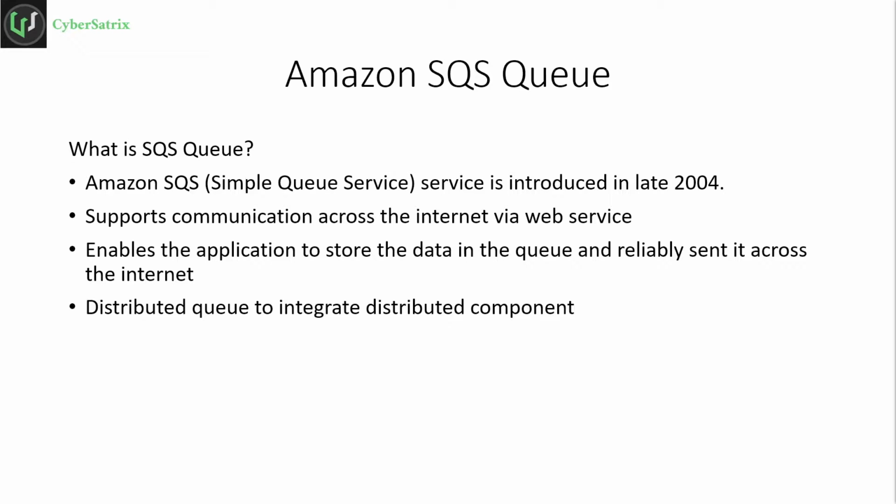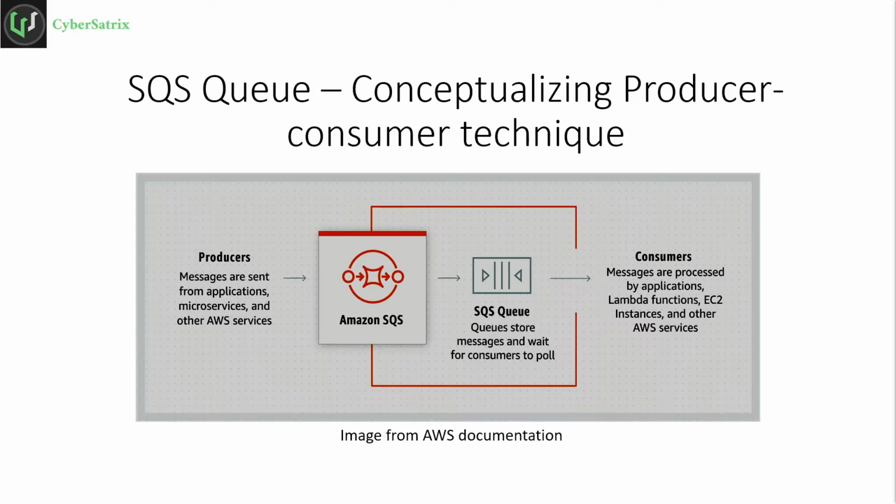This whole SQS concept is based upon the producer-consumer methodology, in which the producer, which I just explained is the source application, generates the data which needs to be pulled by the consumer, while the queue stores the data or messages temporarily based on the configuration or retention mentioned. Let us understand the same through a visual diagram.